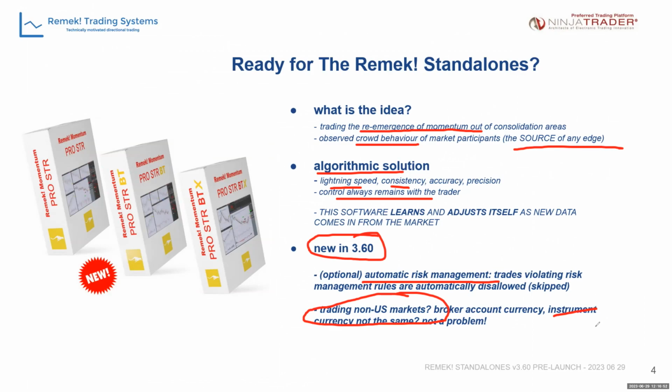Now that's all been taken care of, and we have a conversion system. Which means that the risk management algorithm and calculations work also if the account and the instrument are in USD, and also if the account and the instrument are not in the same currency. So that's basically what's new.